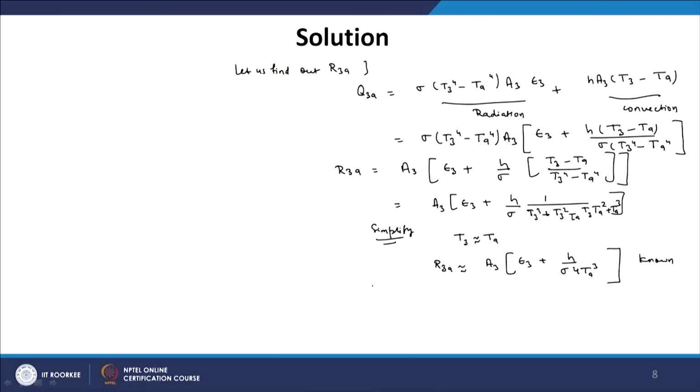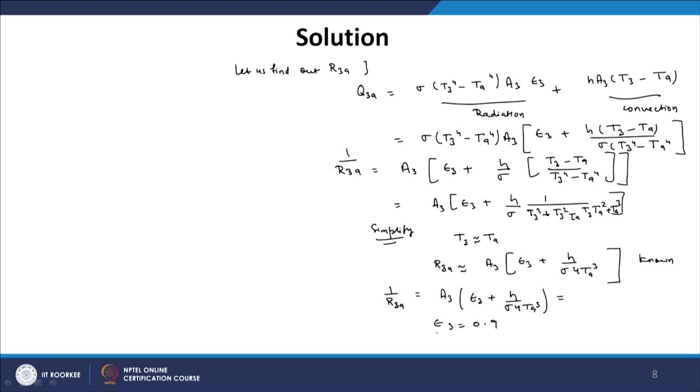So, from this we can calculate 1 upon R3A, actually I made a mistake here. So, this is 1 upon R3A. So, 1 upon R3A is equal to A3 epsilon 3 plus H upon sigma 4 Ta cube. Epsilon 3 value is given as 0.9.